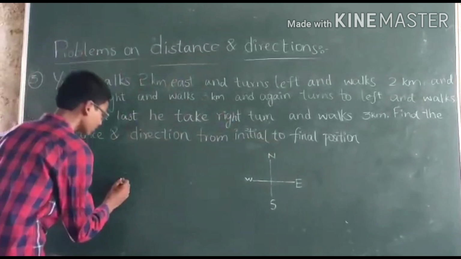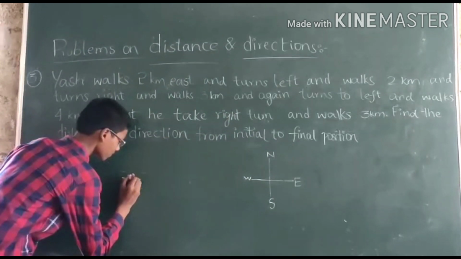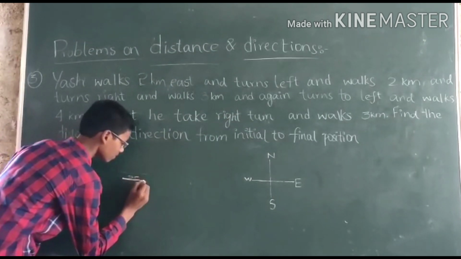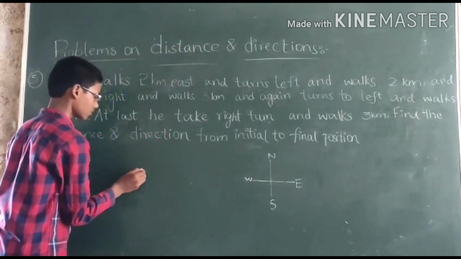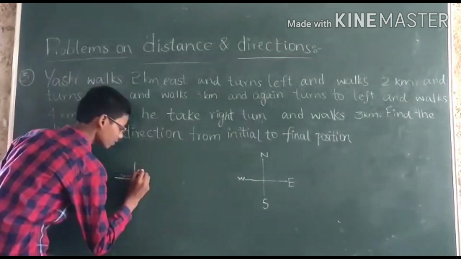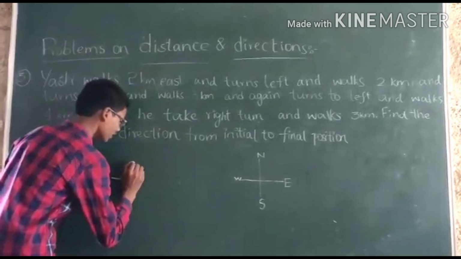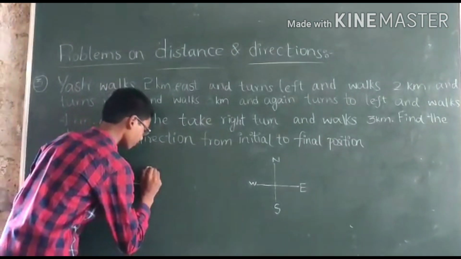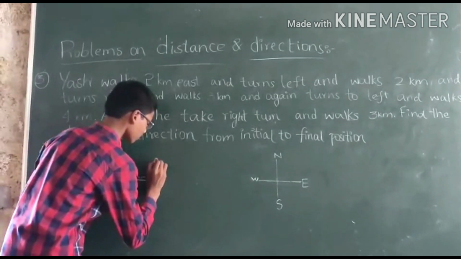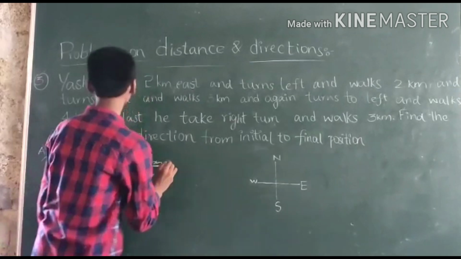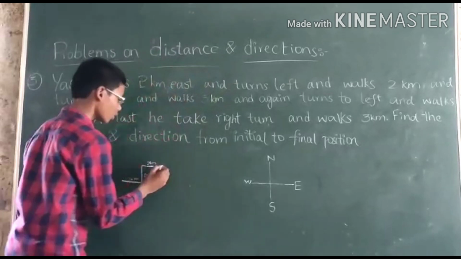First, Yash walks 2 kilometers east. And turns left and walks 2 kilometers. And turns right, walks 3 kilometers.